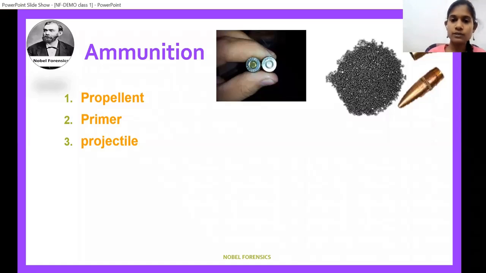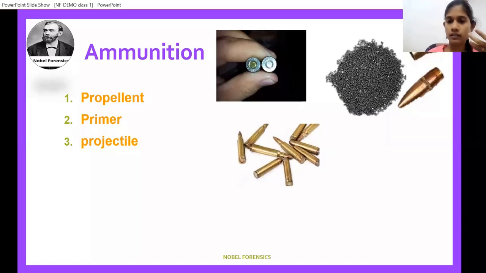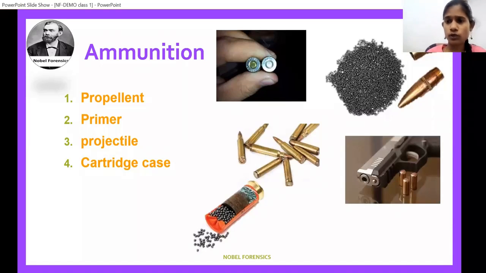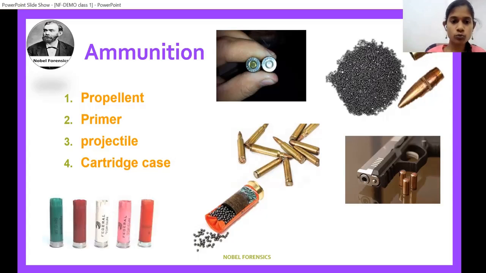Rifles have rifling in their barrel, but in the shotgun there is a smooth barrel. So they are rifles and smooth bore or shotguns. Then projectiles: in rifles there are bullets, and in shotguns there are pellets. Then cartridge case. In the case of bullets, the back part is the cartridge case. But in the case of shotguns or smoothbore firearms, this is the cartridge case.